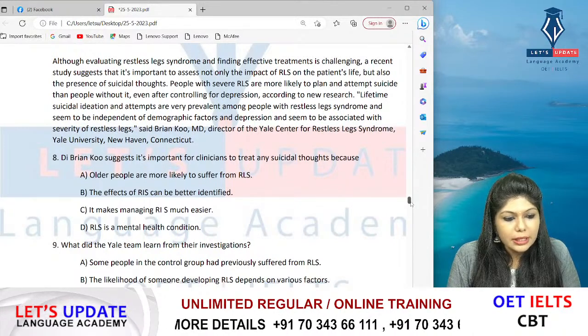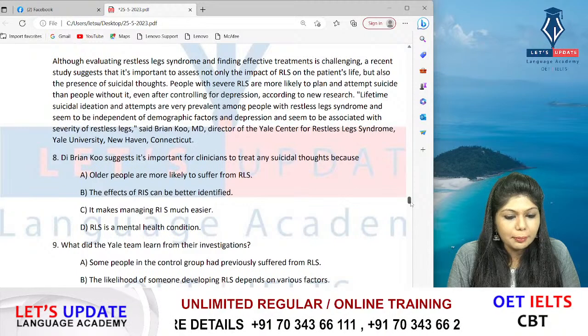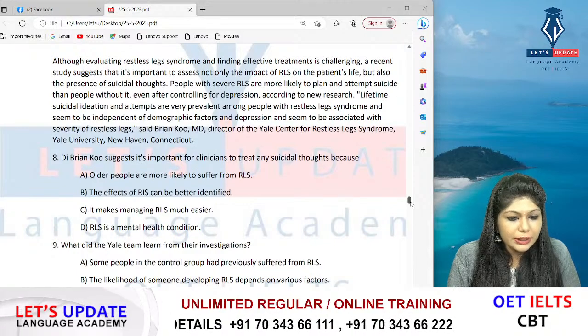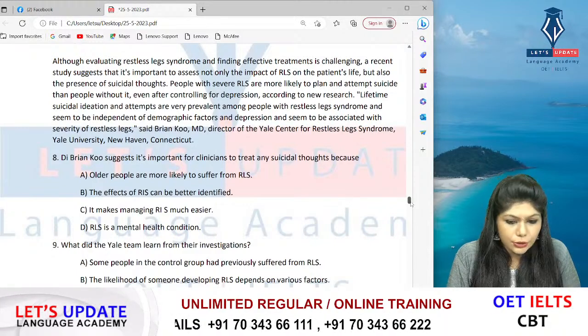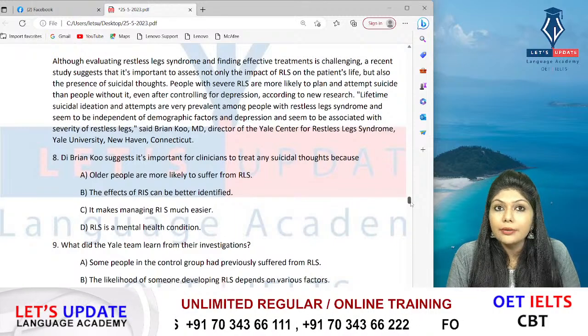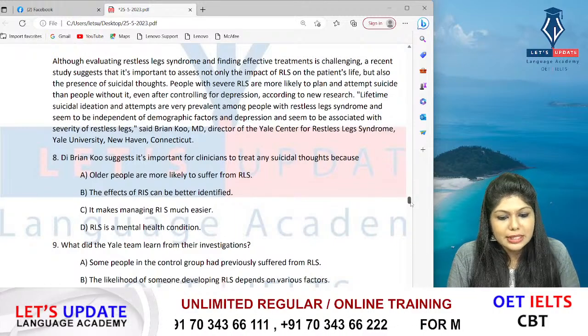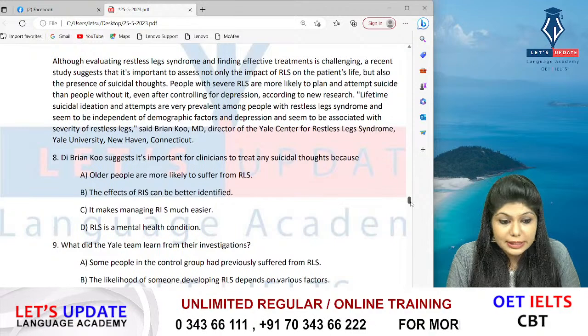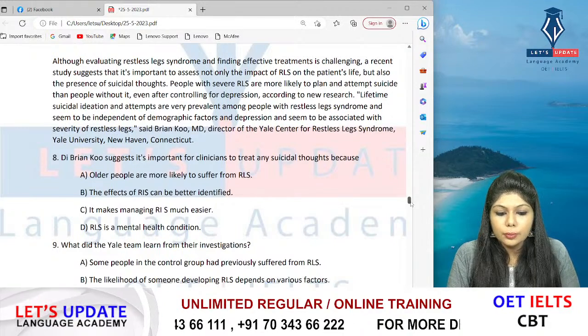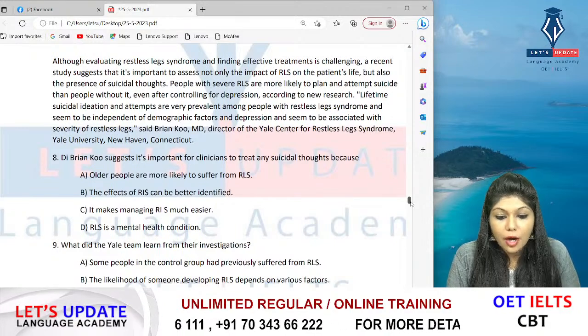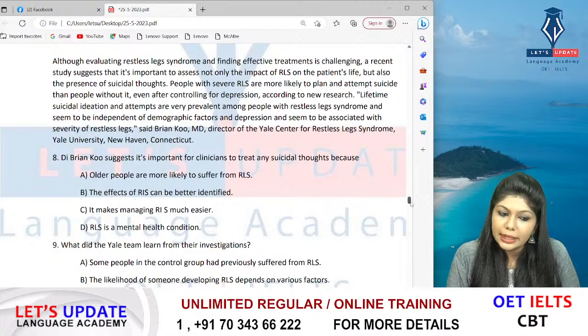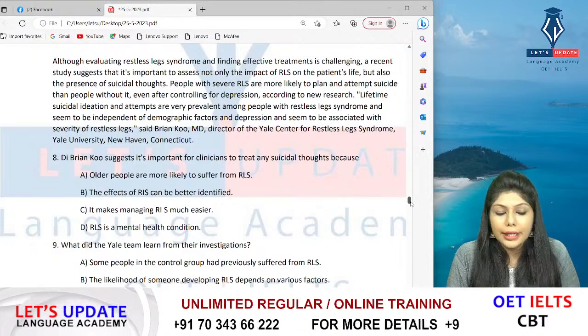Lifetime suicidal ideation and attempts are very prevalent among people with restless legs syndrome and seem to be independent of demographic factors and depression and seem to be associated with severity of restless legs syndrome, said Brian Koo, MD, Director of the Yale Center for Restless Legs Syndrome, Yale University, New Haven, Connecticut.